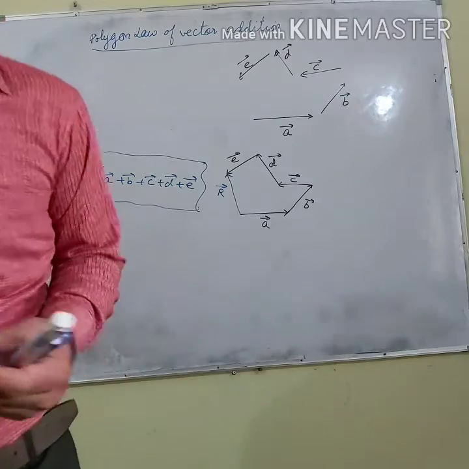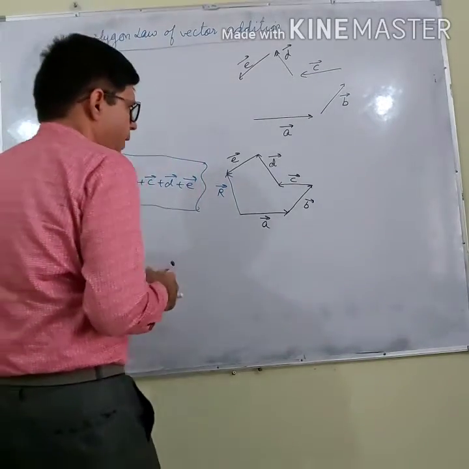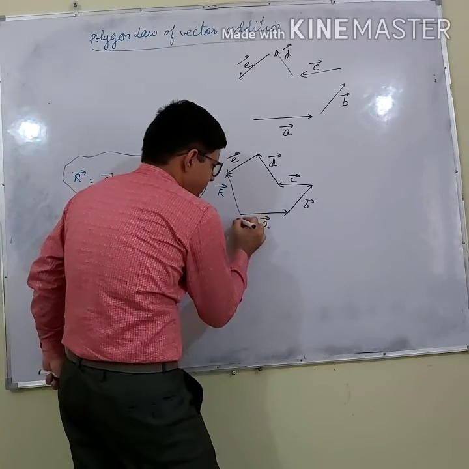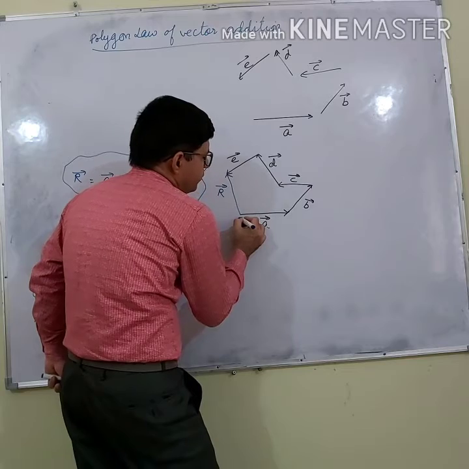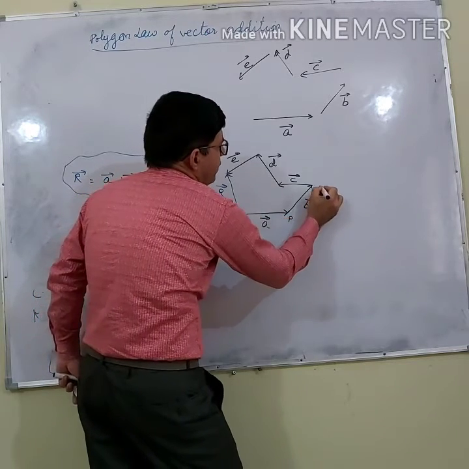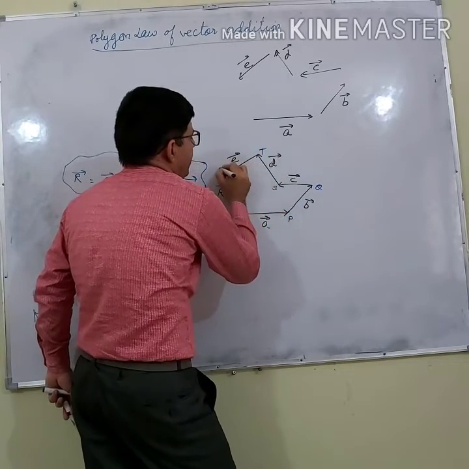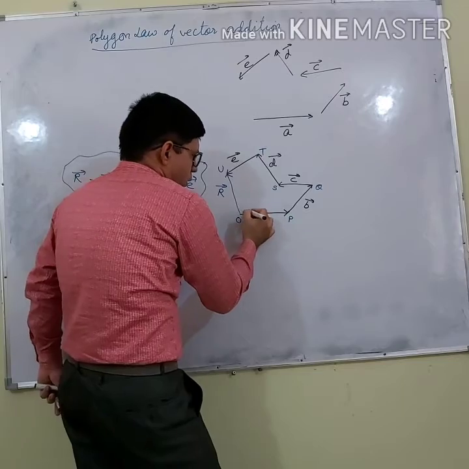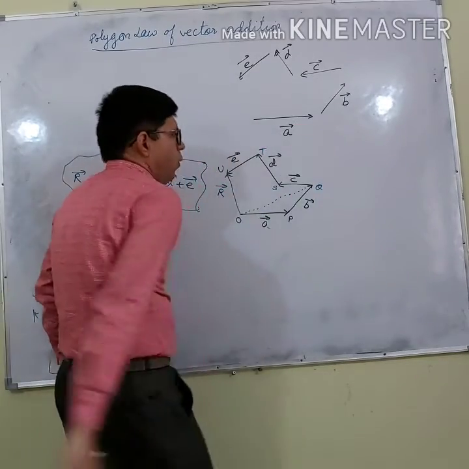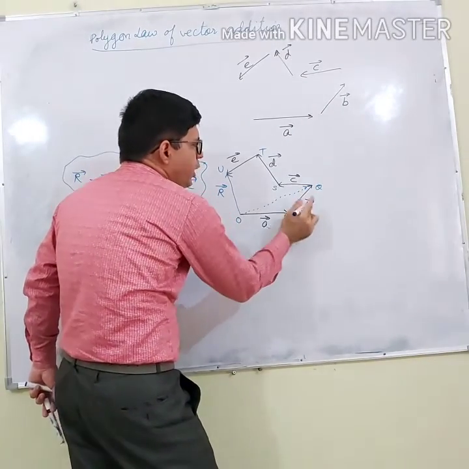It is an extension of the triangle law of vector addition. How? I can prove this. So let us say these are points O, P, Q, S, T, U. If I join OQ, then what will be the resultant of vectors A and B?